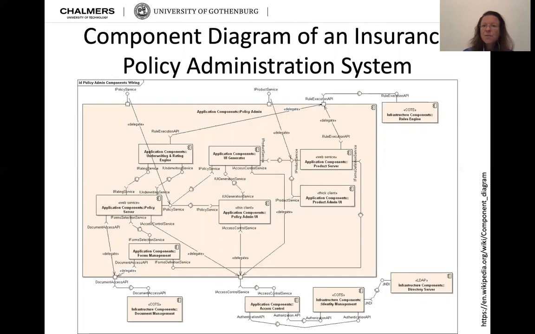So we have this large subsystem that is the application components of the policy administration. And then we have some more external components, and you see that a couple of them are denoted as COTS, short for component off the shelf. For example, the infrastructure component rules engine on the right-hand side, the infrastructure component document management at the bottom, and the infrastructure component identity management at the bottom right.